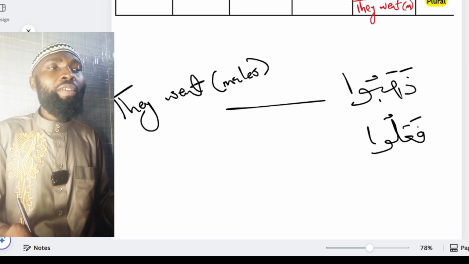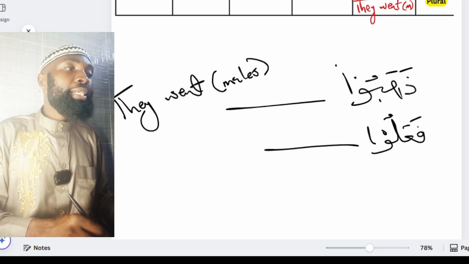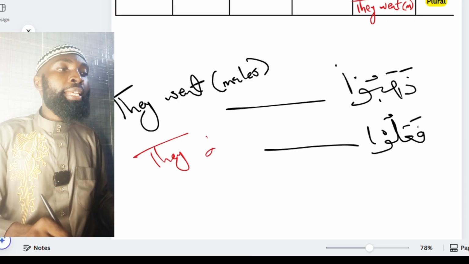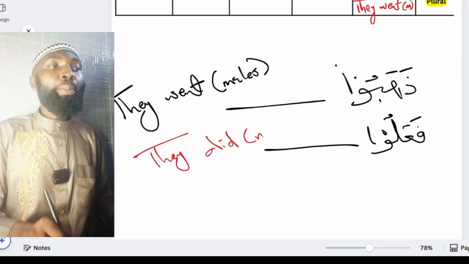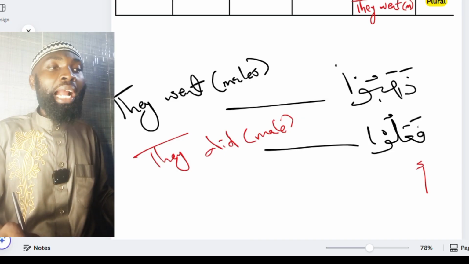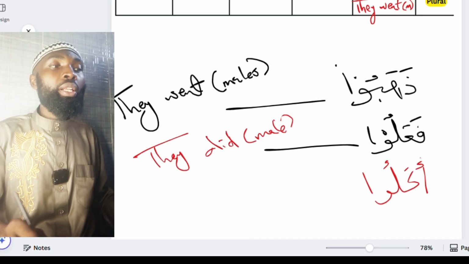Fa'alu. Just add what you have added to the previous one. Fa'alu, which means they did. That is males. All the boys did. Fa'alu. If you want to say all the boys ate, it will be akalu, they all ate.